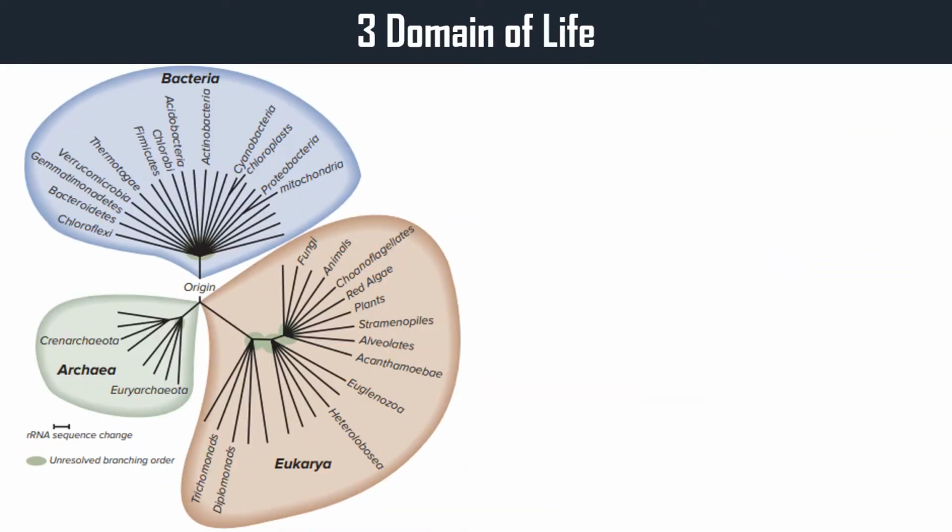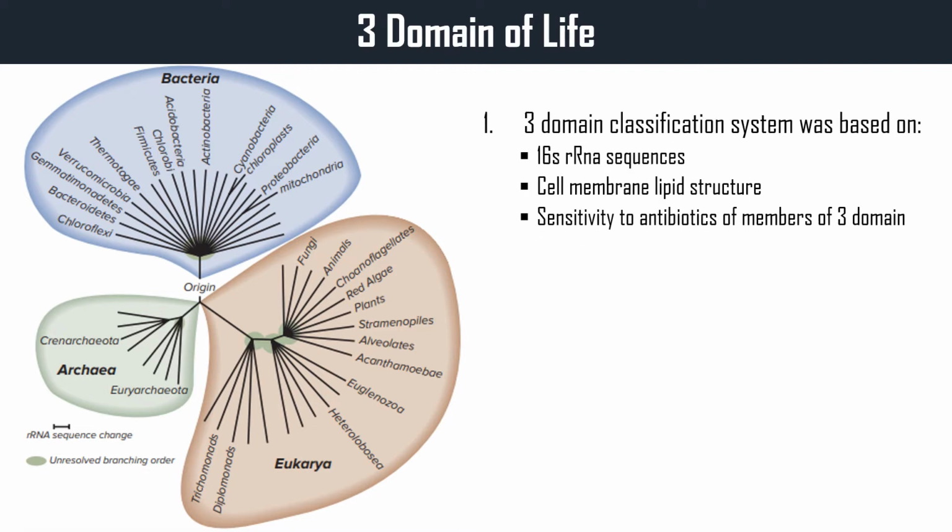The three domains of life are bacteria, archaea, and eukarya. The three domain classification system was based on three things: 16S rRNA sequences, cell membrane lipid structure, and their sensitivity to antibiotics of members of the three domains.